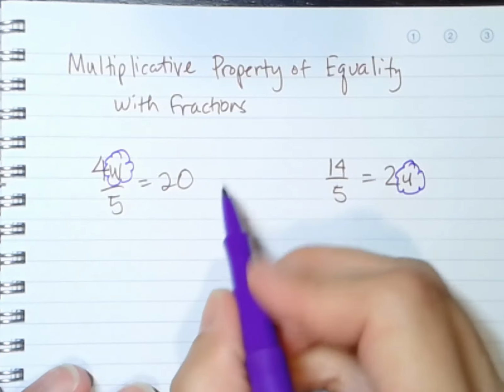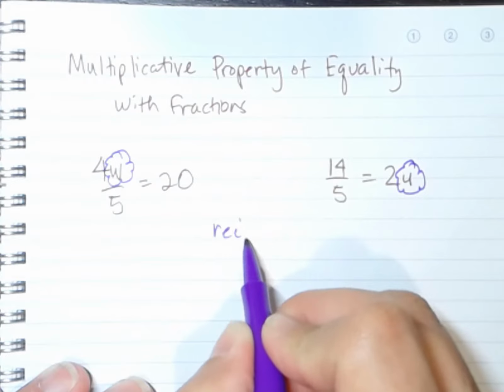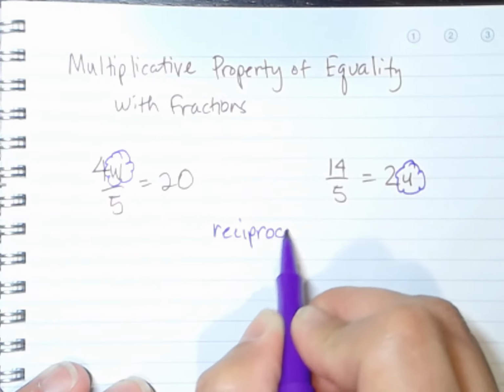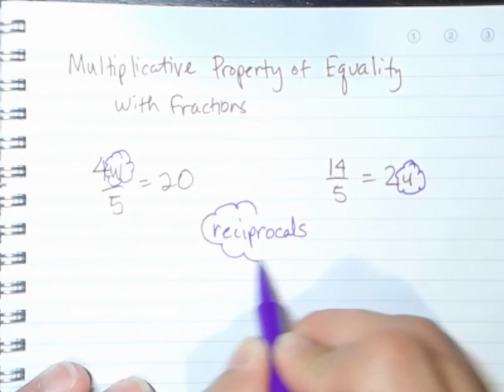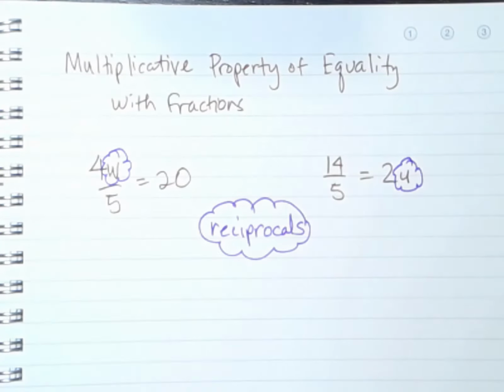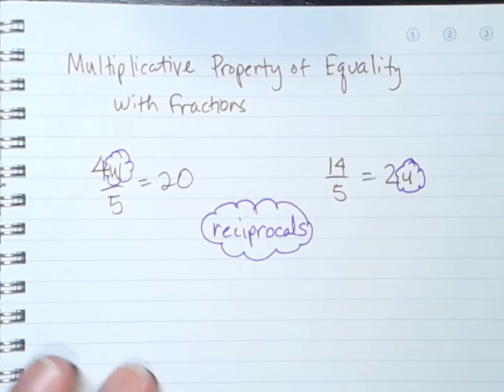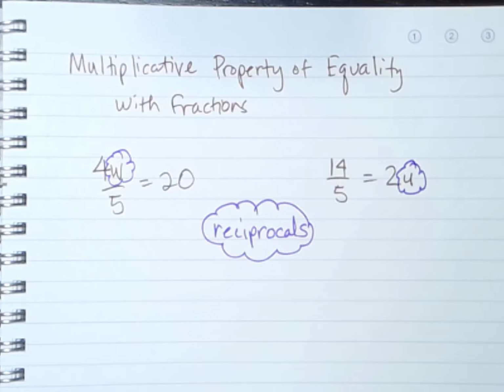So Alex teaches you guys to use reciprocals, which is fine. I'm going to show you a different method here in just a second. A reciprocal is just whenever you take a fraction and you put the numerator on the denominator, denominator on the numerator. Reciprocals are numbers that whenever you multiply them together, you get 1. So what do I mean by that?